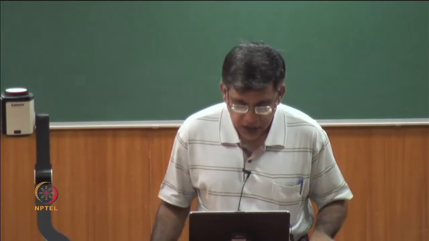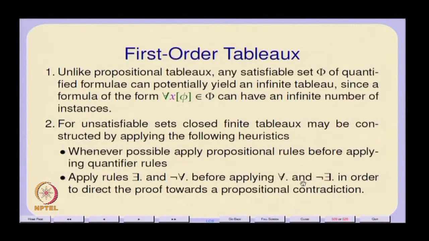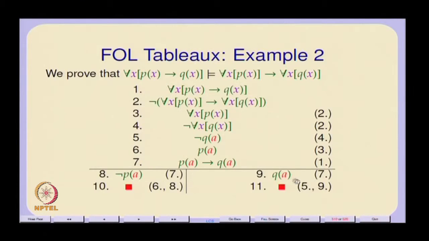This way you hope to direct the proof towards a propositional contradiction. Here is an example. This says that the universal quantifier distributes over arrow, but only one way; the converse is not true.